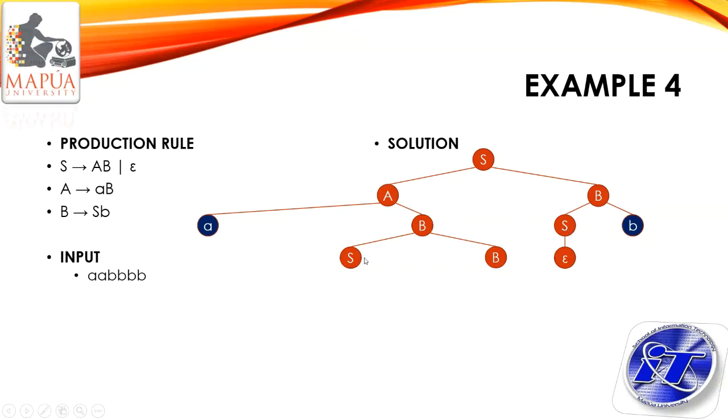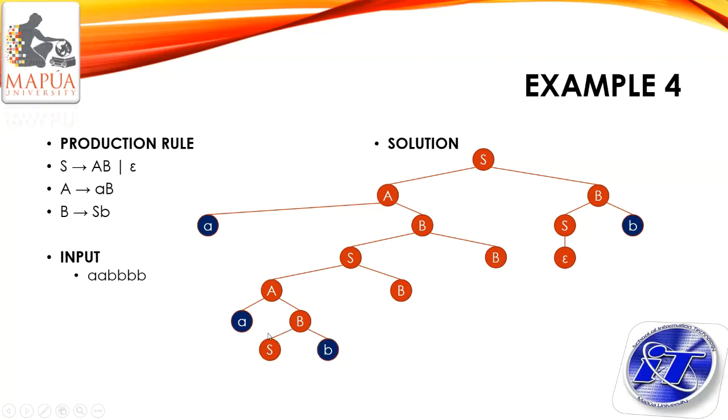Okay, so let's go back to this node. S will be replaced by, definitely, AB. Okay, and then A will be replaced by AB. So we already obtained the first two symbols, AA. Then B will be replaced by start symbol S, terminal B.